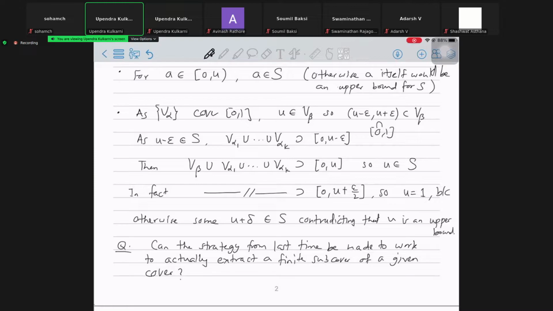I want to make a general comment that many times when you see a proof, the proof is so refined and so cleaned up and so elegant that it's difficult to see how people came up with it. Because almost always the proof that you see in textbooks is not the proof that was written first, or at least it was not written in the same way.